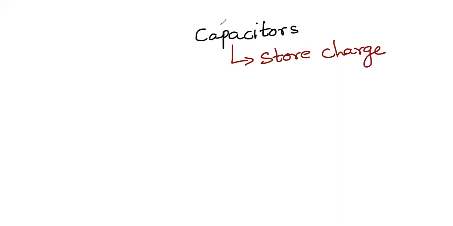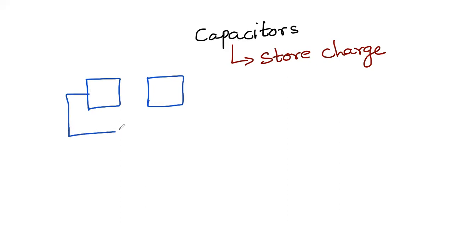So the capacitor basically consists of two metal plates. It's connected to the DC supply. So when voltage is applied, current starts flowing. One of the plates will start collecting positive charges.